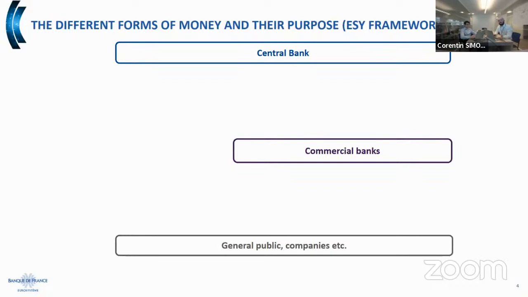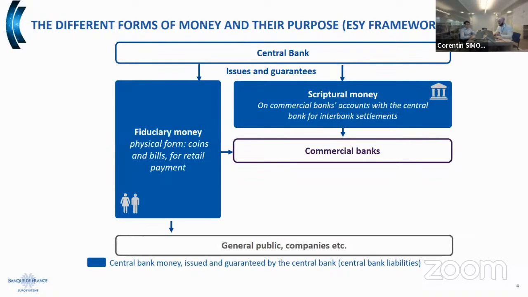We have the central bank, which is issuing and guaranteeing 2 different forms of currency depending on the actors. We have the fiduciary money, that is the cash, the coins and bills that we are using for payments. That is a physical form of this money. But we also have scriptural money, that is on commercial banks' accounts with the central bank for interbank settlements.